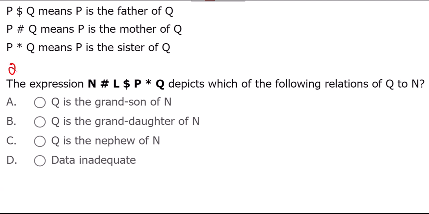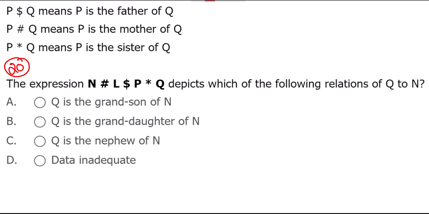So here they give an equation. Our job is just to map which relationship is correct. Sometimes they'll say incorrect like that, but here they're asking for the correct one.